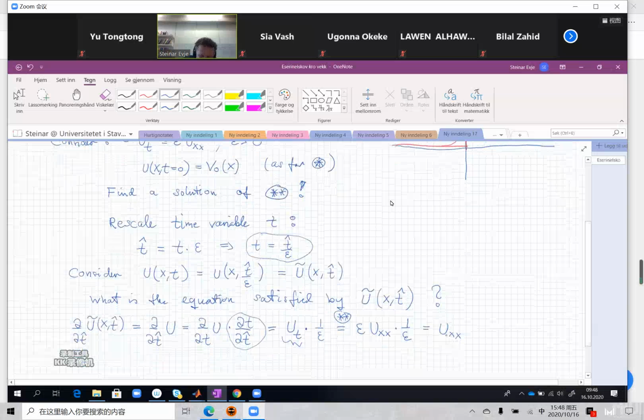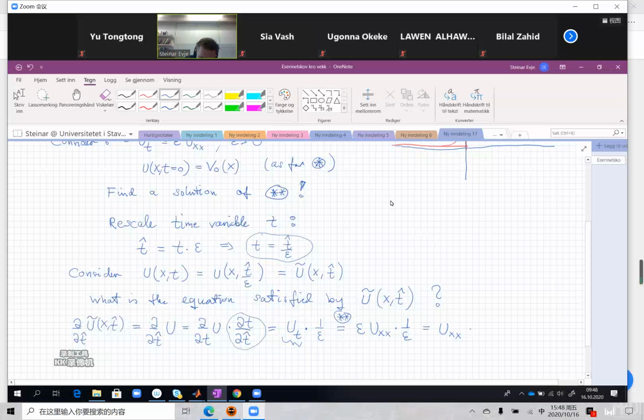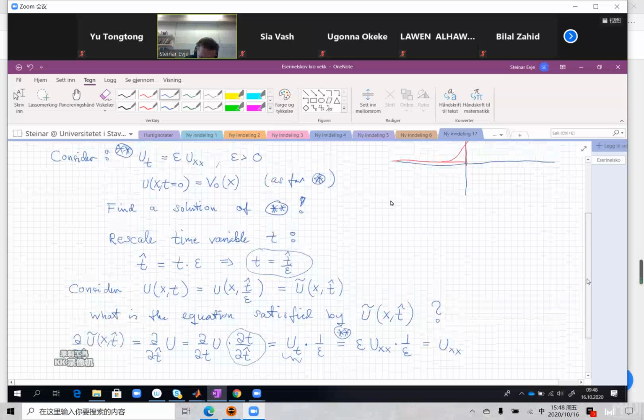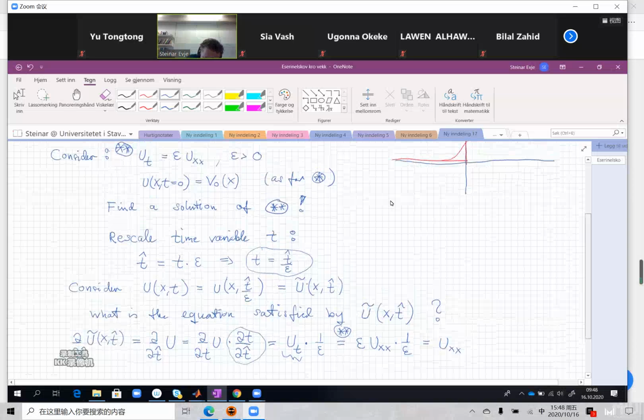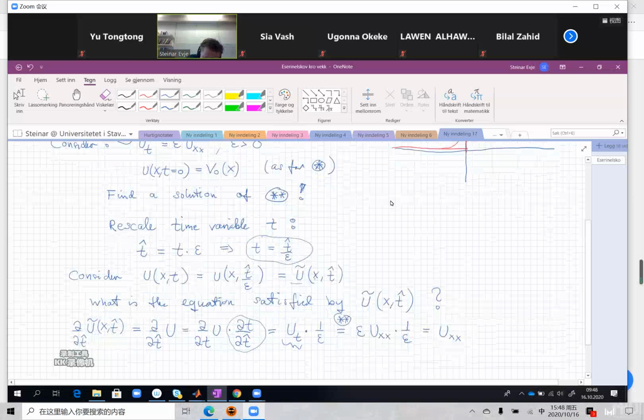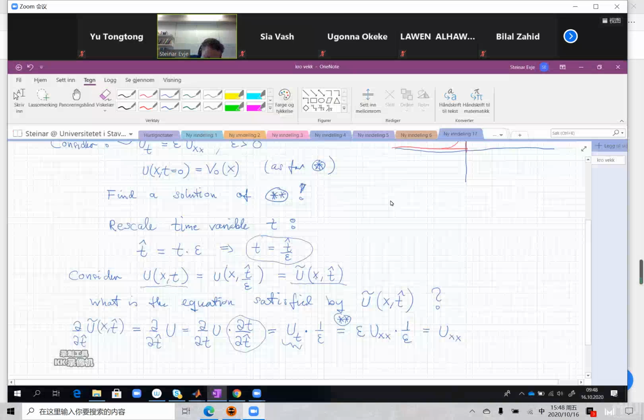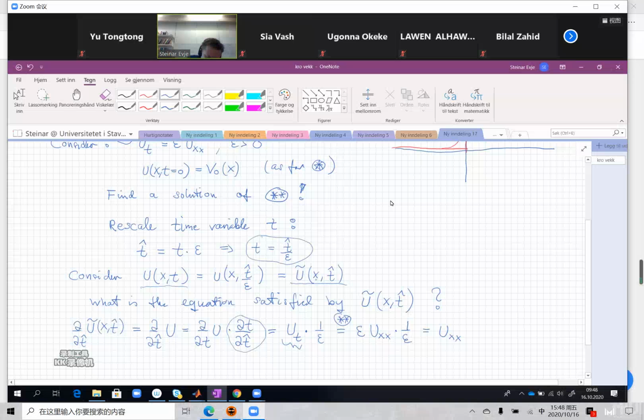But we are looking for an equation expressed for u tilde, but we know that u tilde as a function of x and t hat is equal to u, and we see that both of them have the same spatial variable x.